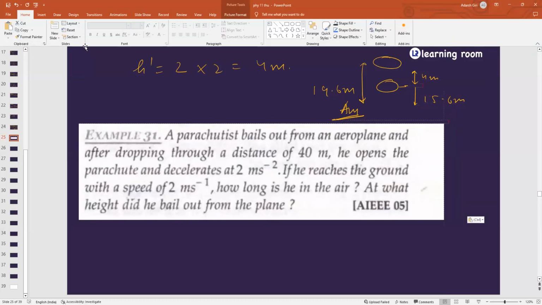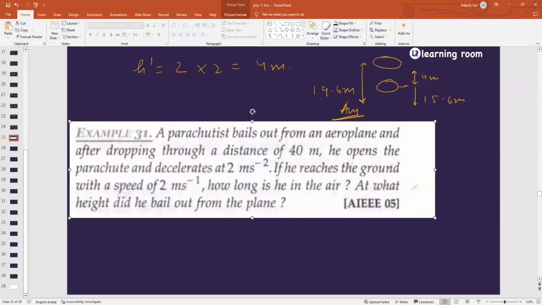Can you see this question? Tell me, can you see this question? All right. Write it down and try to solve this.